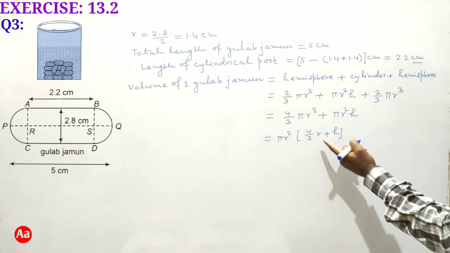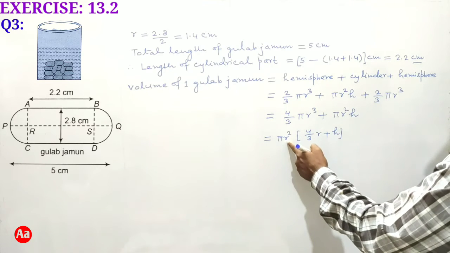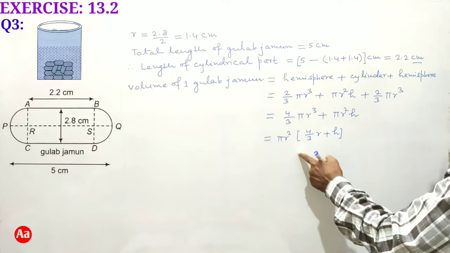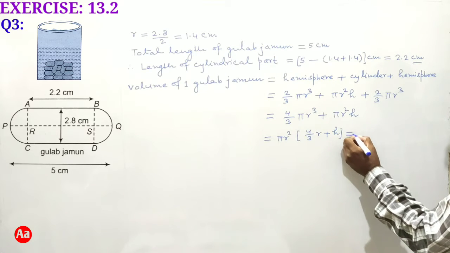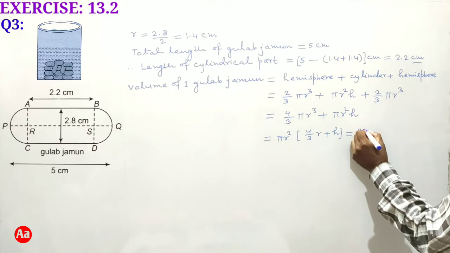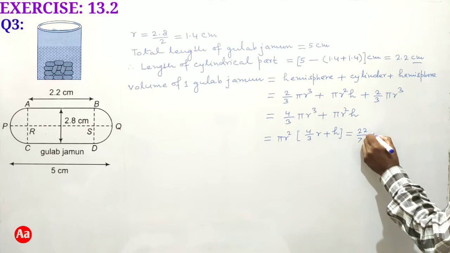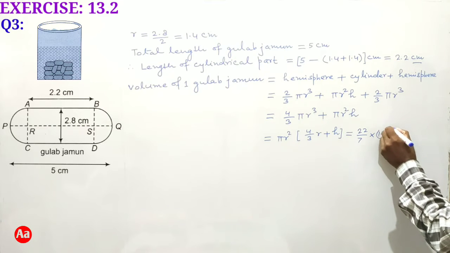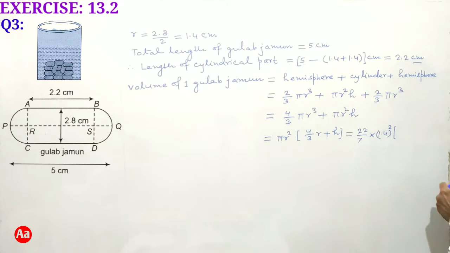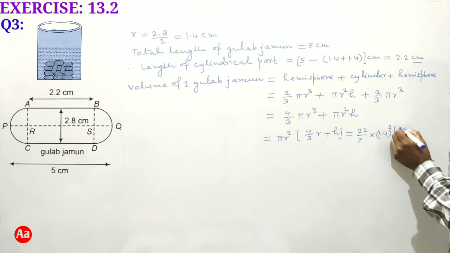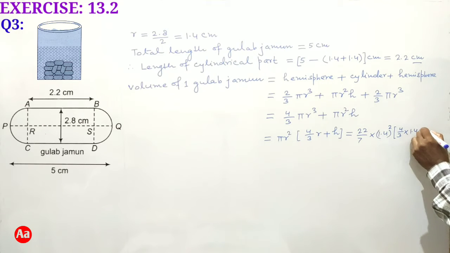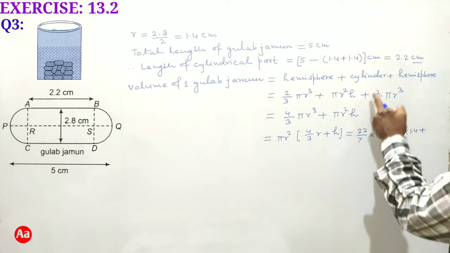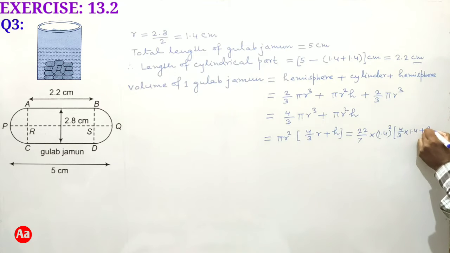Let's put values of pi, r and h in this formula. That will be equal to 22 by 7 into 1.4 whole square into 4 by 3 into 1.4 plus height 2.2 centimeter.